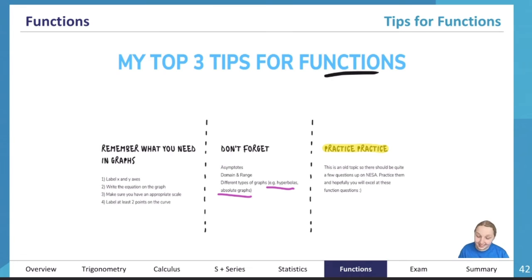So it's a fairly old topic. There's heaps of questions from heaps of past papers. You can even look through past papers from old syllabus, and there'll still be questions that you should be able to answer in relation to functions. A lot of functions is about graphing. Now remember, it is about graphing without using curve sketching.